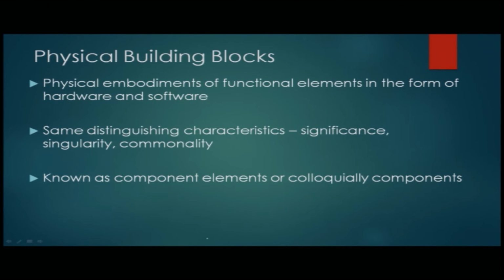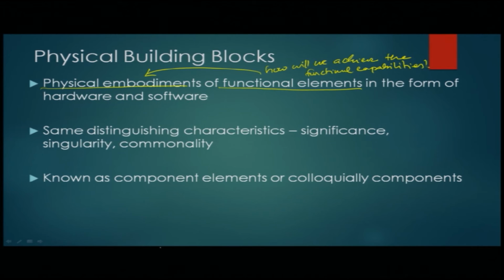So now we talk about the physical building blocks. To a large extent, they are the physical embodiments of the functional elements. Once you have identified the functional elements, how will we achieve the functional capabilities?